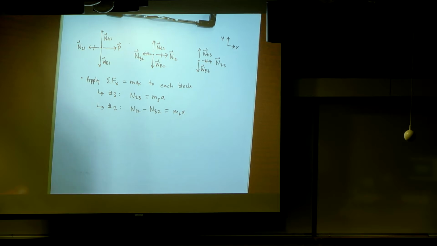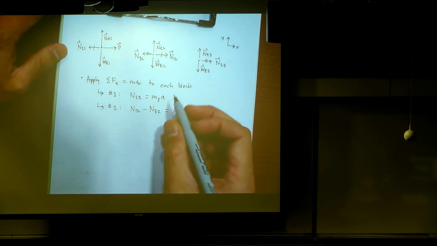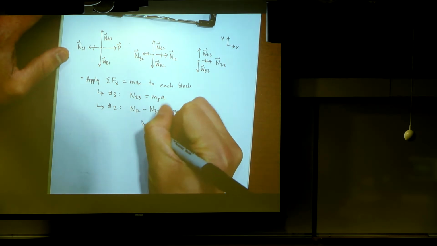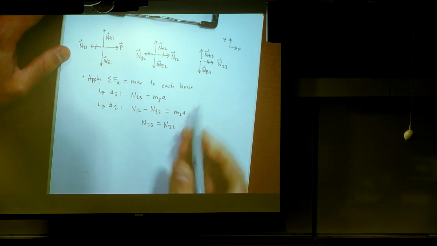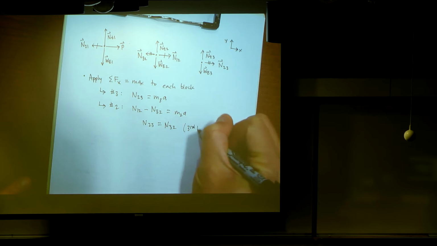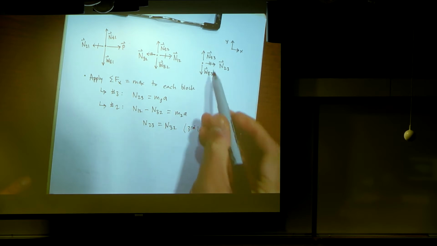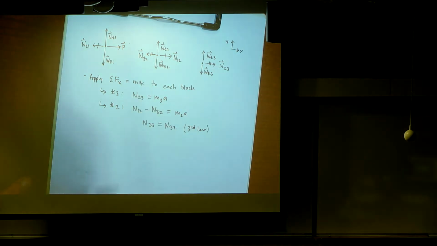But what I can do with this is I can say, look, N23 and N32 are equal in magnitude. This is basically the third law at play here, right? In other words, this force that I indicated here is equal to this force in terms of the magnitude.